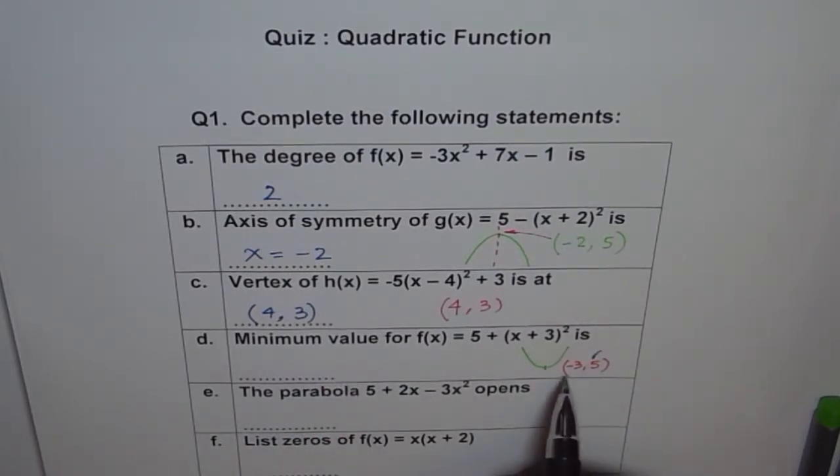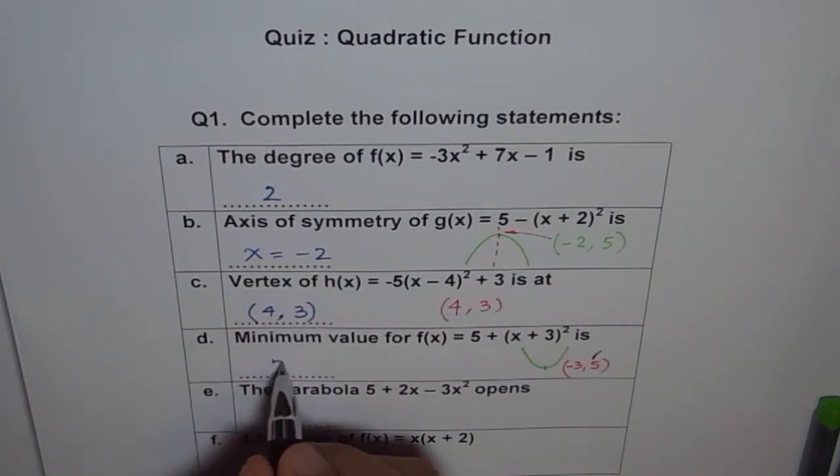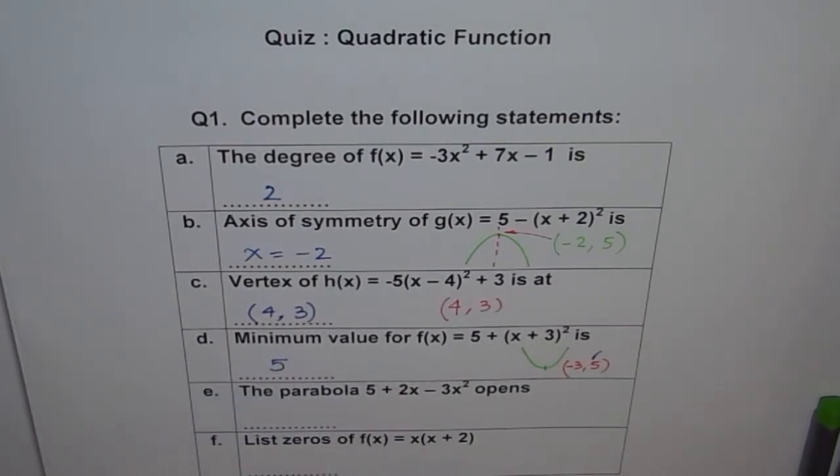So the minimum value is 5. Do you see that? Minimum value is 5. Again, don't write down the coordinates of the vertex, or don't write down the x value here, which is actually the axis of symmetry, okay? Write down the minimum value, which is 5, because these are the mistakes which sometimes we see in the test paper.